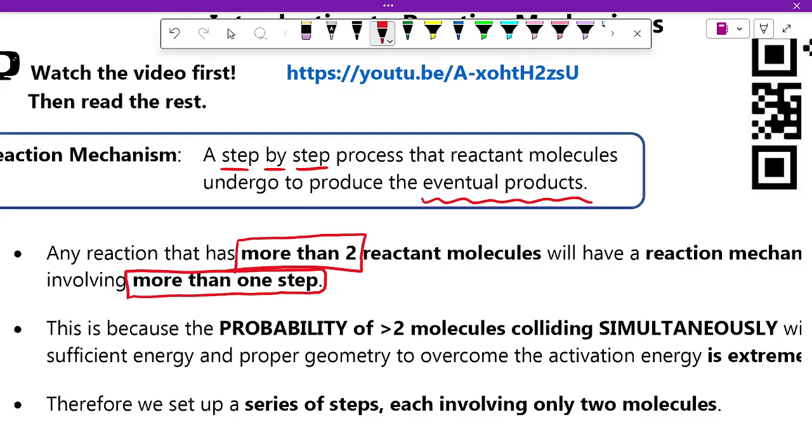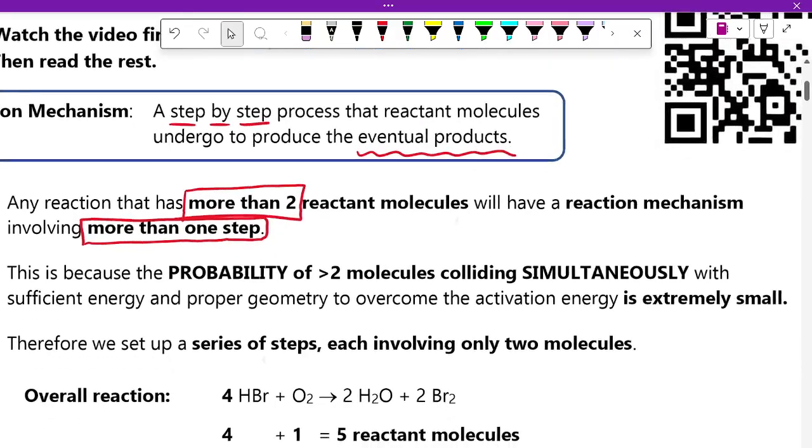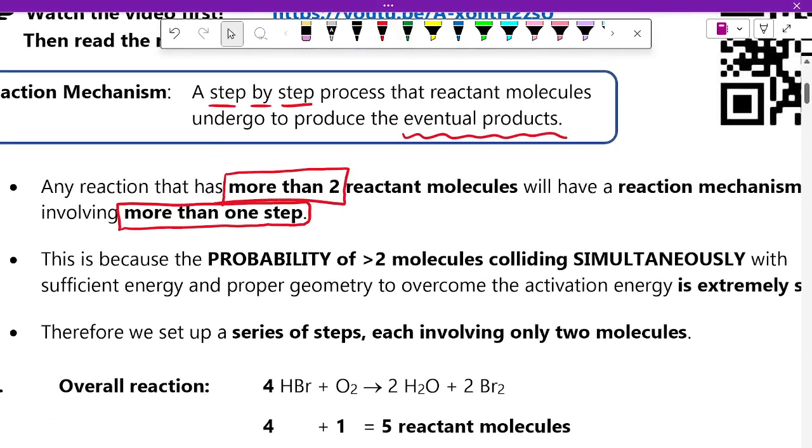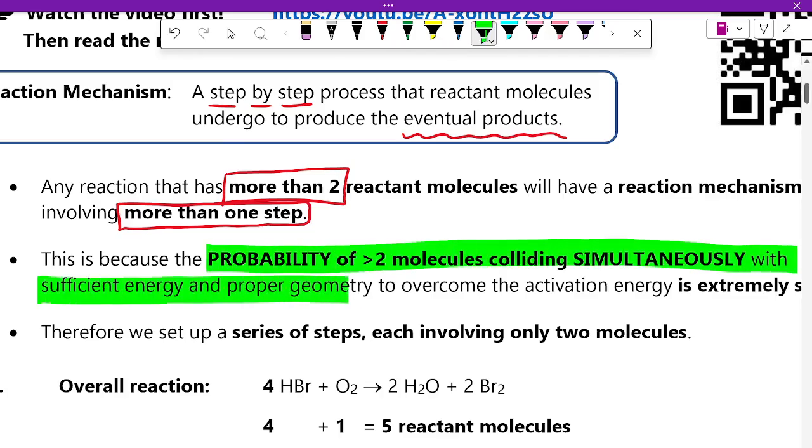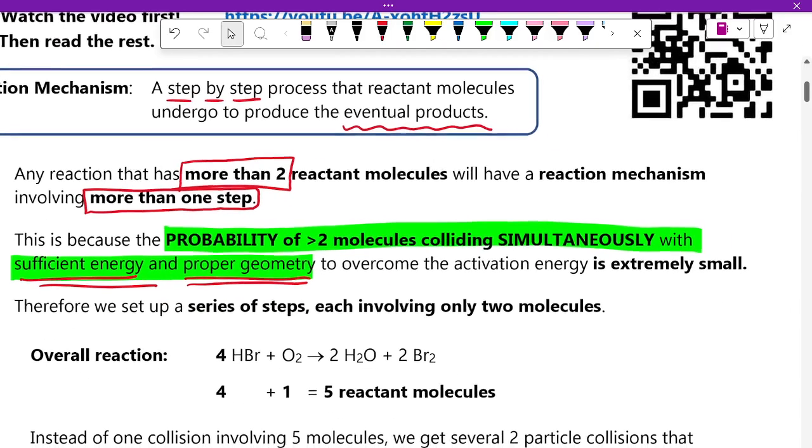A lot lower, okay? So the probability of more than 2 molecules colliding simultaneously with sufficient energy and proper geometry is extremely small.